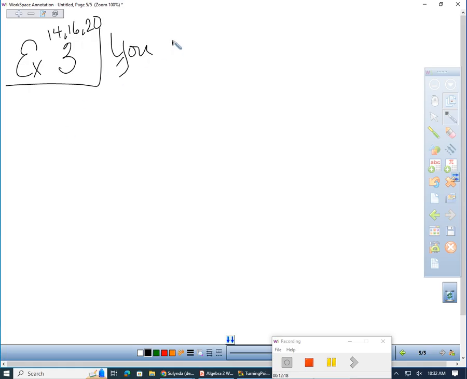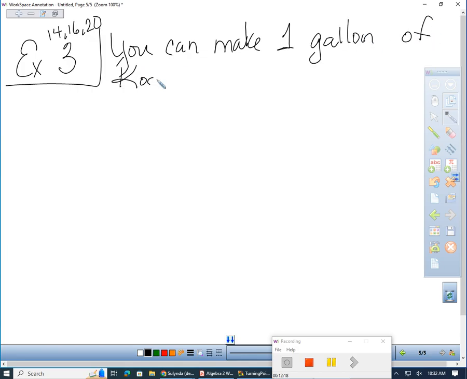You can make 1 gallon of Kool-Aid with 5 teaspoons of powder. Does that really matter? Well, let's go with blue. Blue raspberry. All right.